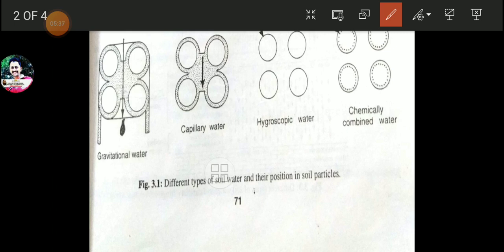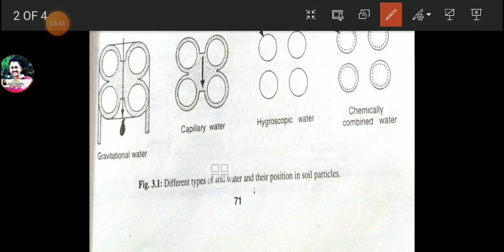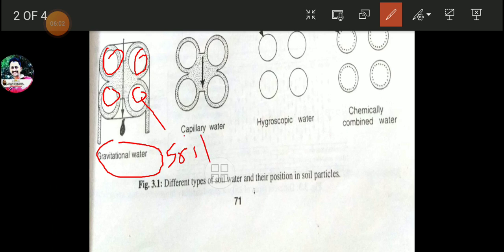Now, what is gravitational water? Here we can see the gravitational water label on this figure, and these round or circular shapes are the soil particles. Between those soil particles we can find this type of direction arrow.